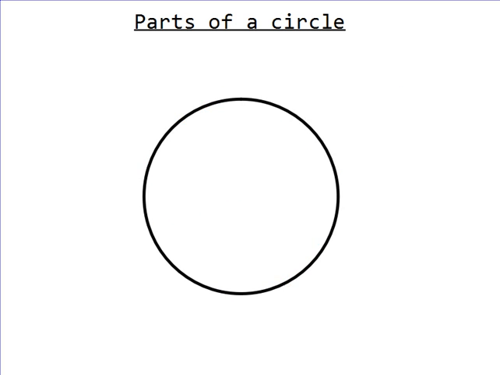The next piece of vocabulary we're going to need to learn is radius. Now if I've got this circle here and this is the centre of my circle, the radius of a circle is a line that goes from the centre to a point on the circumference. So here I've drawn the radius because it goes from the centre to a point on the circumference.